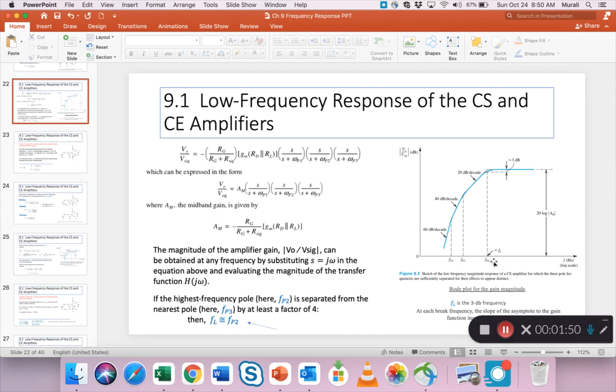So that one capacitor, if the other capacitors meet the conditions, then that one capacitor bypassing the source circuit or the emitter circuit becomes quite important, because as we can see from the drawing, the minus 3 dB frequency FL is almost always determined by this FP2, which is the break frequency because of the bypass capacitor.